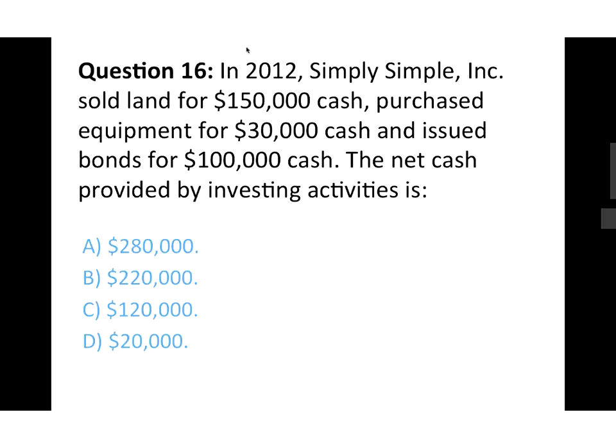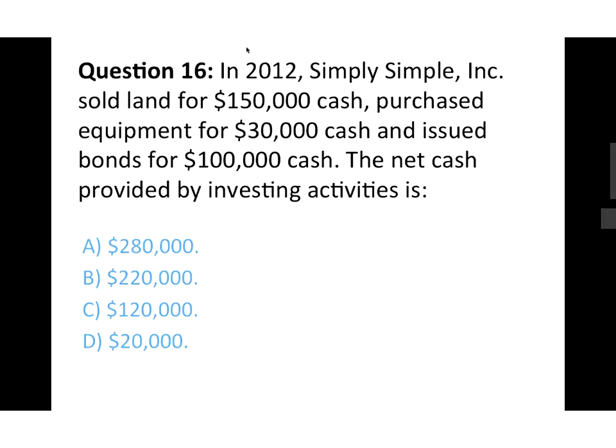Now we have this question. We have a company that sold land for $150,000 cash, purchased equipment for $30,000 cash, and issued bonds for $100,000 cash. I have not put this question out yet, but I want to set you up for it.